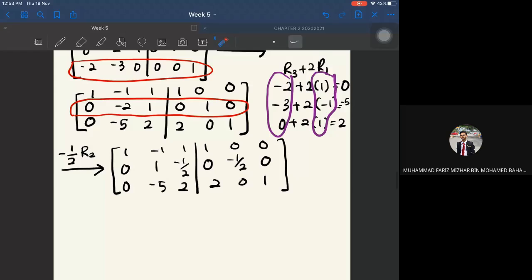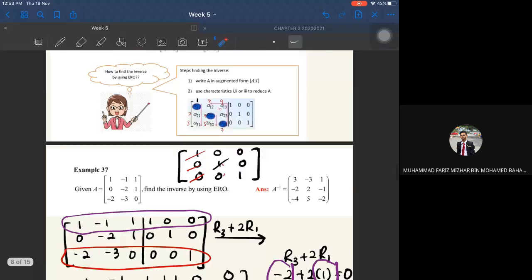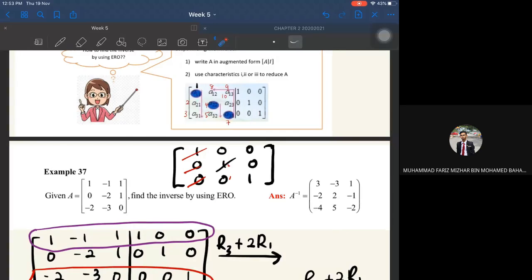Kalau saya nak ubah terus, sebabnya bila you ada kat sini 1, you boleh terus jadikan ni dengan ni kosong. Bila you ada sini 1, you boleh jadikan this element 0. Bila sini dah jadi 1, you boleh jadikan this element 0. Okay. So kalau you nak ikut pada step ni pun boleh, kalau you nak buat terus pun boleh.